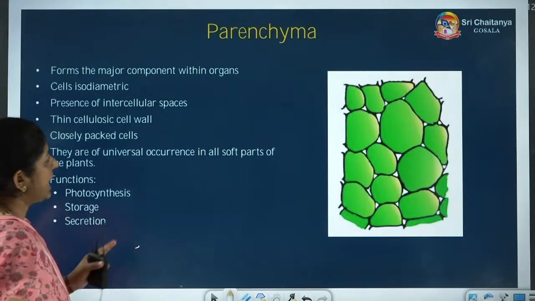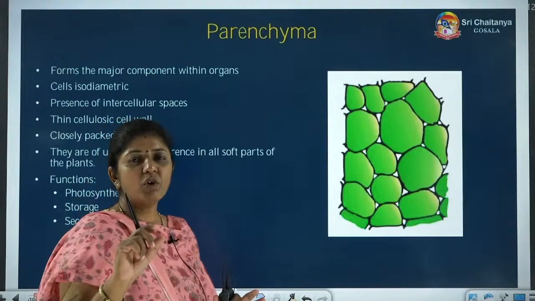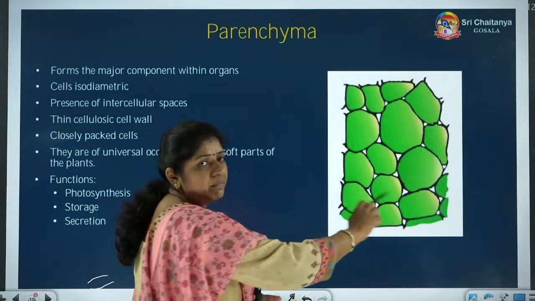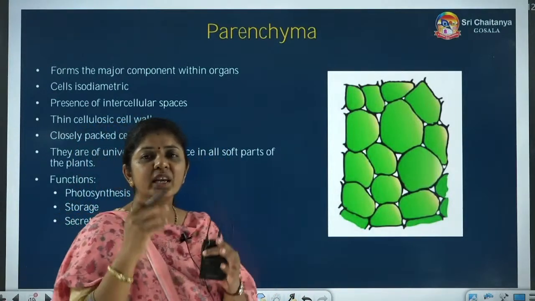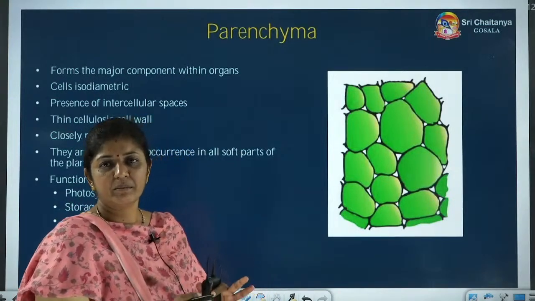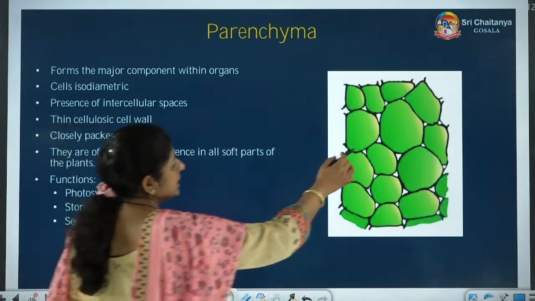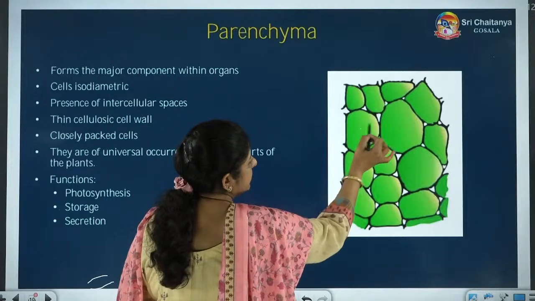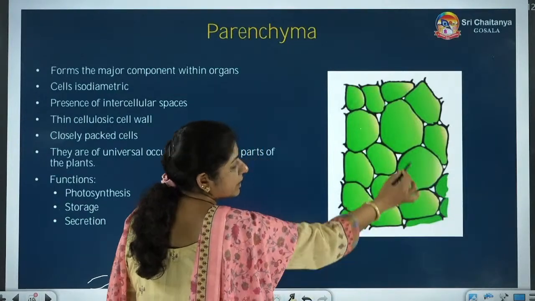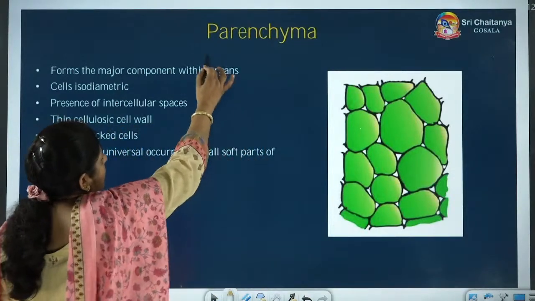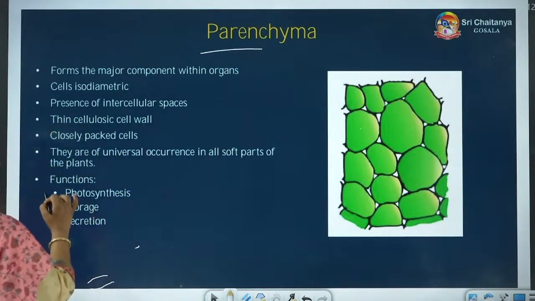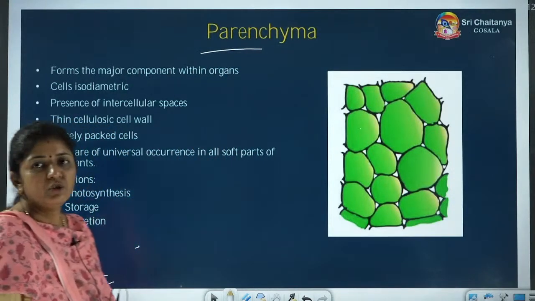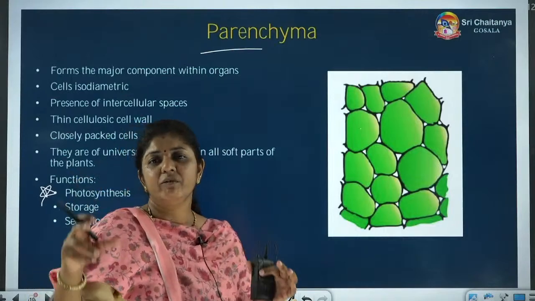So let's see all the types here. Parenchyma. Whatever is written here, don't focus on it, simply see this diagram. I am explaining through this diagram. Can you see this diagram is mainly having cells which are green in color. So one function of parenchyma is photosynthesis. So what cells will you find in a leaf?